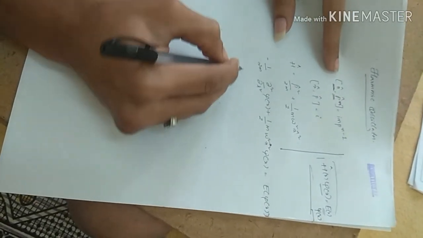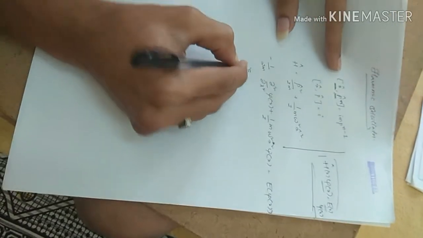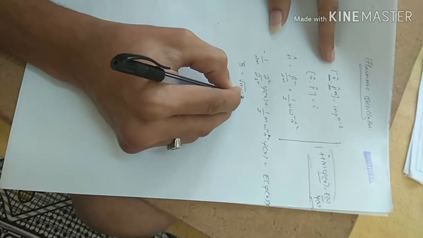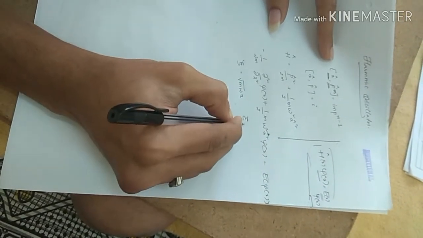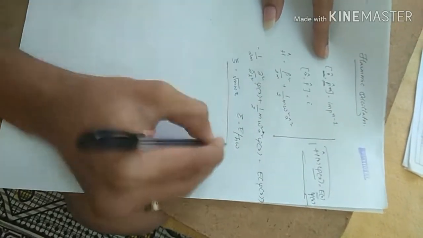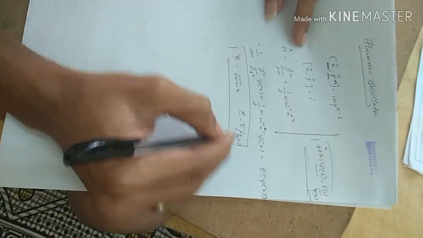Later, let us continue our derivation, that this is equal to root m omega x. I have made this to make our derivation much easier.